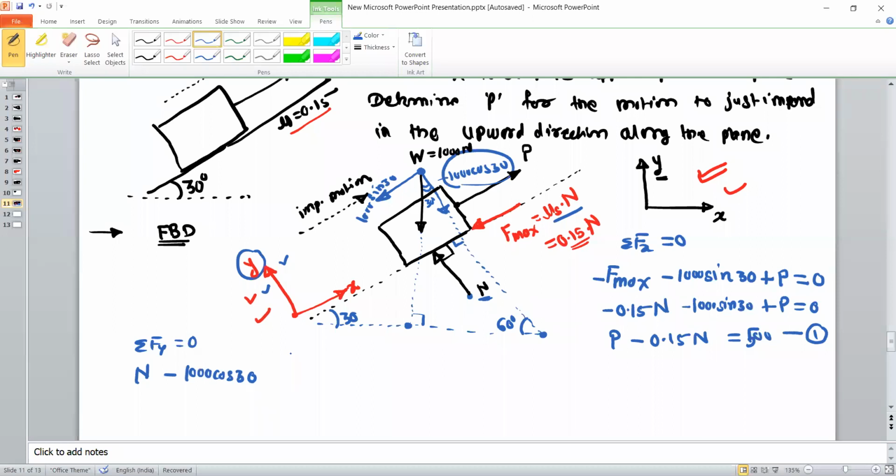Only two forces in the y direction, equal to 0. So from this, N is equal to 1000 cos 30, and that is equal to 866 Newton. So put this value in this equation, that is equation 1, and then you will get the force P.